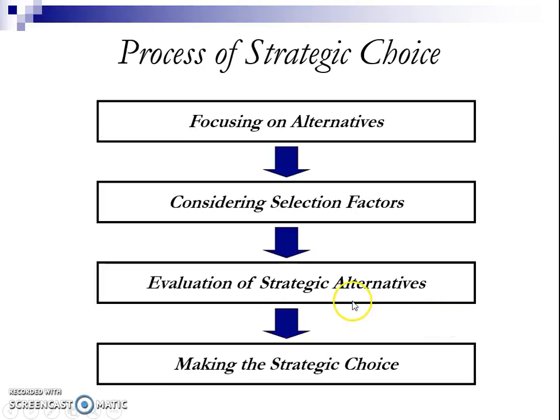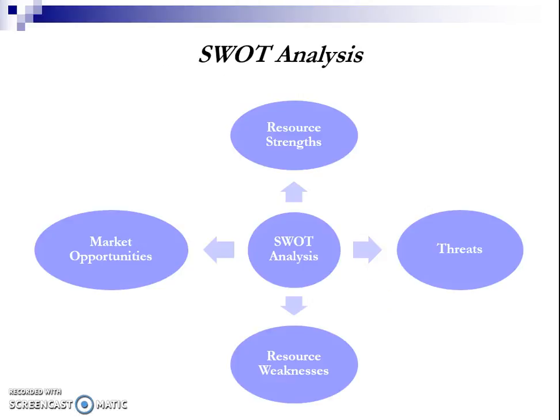At this stage of evaluation of strategic alternatives, there are certain tools which are available. The first one is a traditional method called SWOT analysis, which includes strengths, weaknesses, opportunities, and threats pertaining to a particular organization. Strengths and weaknesses are based on the internal competence of the organization, whereas opportunities and threats are part and parcel of the external environment.